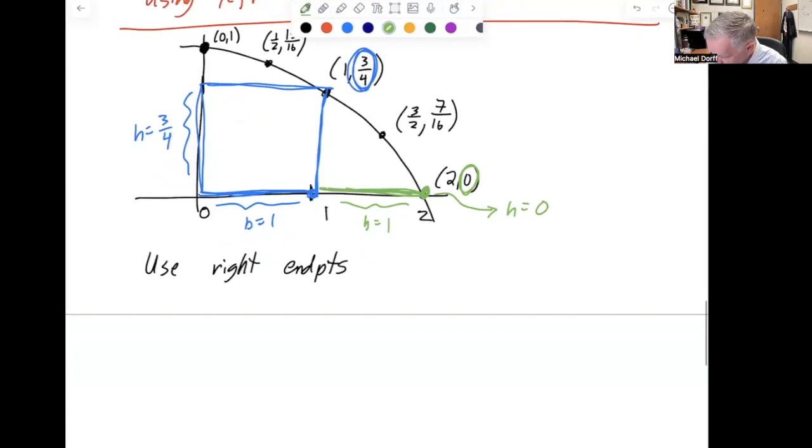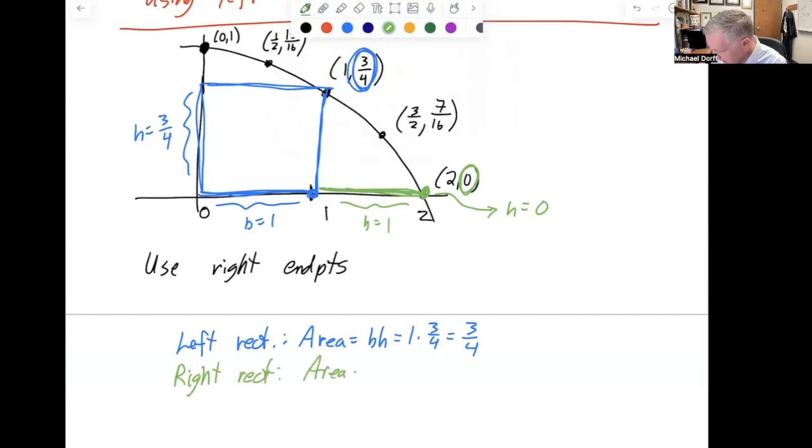So the areas: for the left rectangle, the area equals base times height, which is 1 times 3/4, which is 3/4. For the right rectangle, the area is base times height, which is 1 times 0, which is 0.